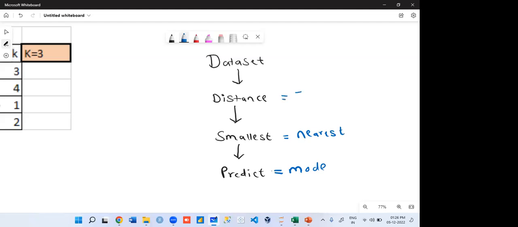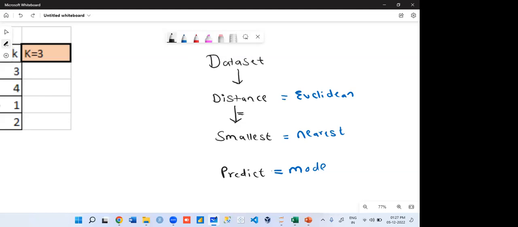Distance formula uses square Euclidean distance. So first, when we receive a data, we compare the distance. Wherever the distance is smallest, within that we combine the groups. Or I can say like this, nearest based on value of k.